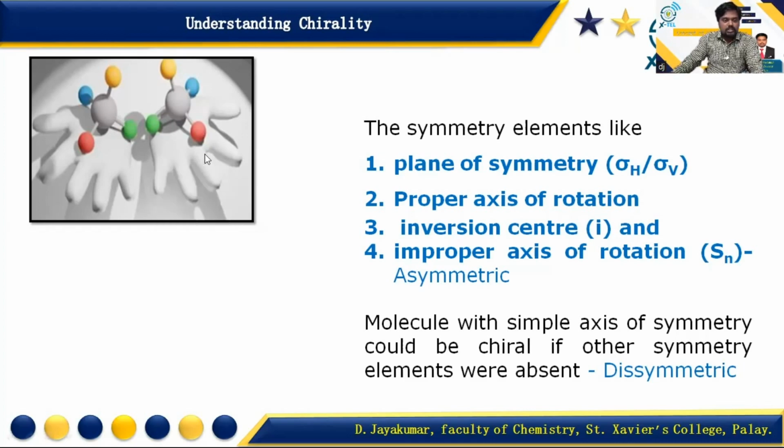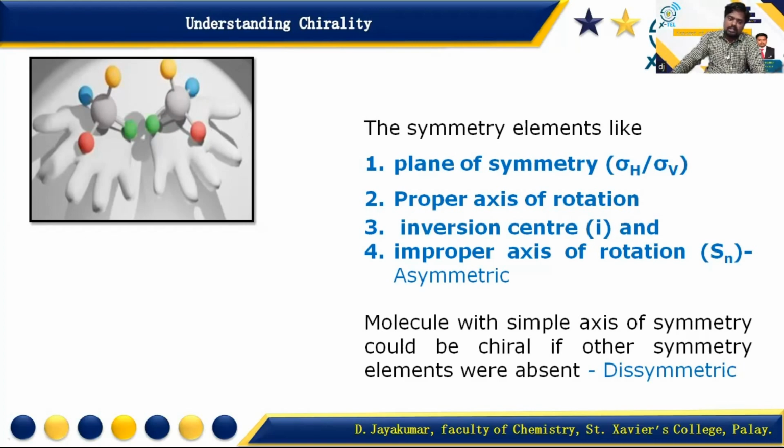These 3 operations indeed generate 4 symmetry elements. The carbon in question did not have any symmetry element. Therefore, it is called an asymmetric carbon. Such an asymmetric carbon, which is sp3 hybridized, will definitely have the property of chirality.